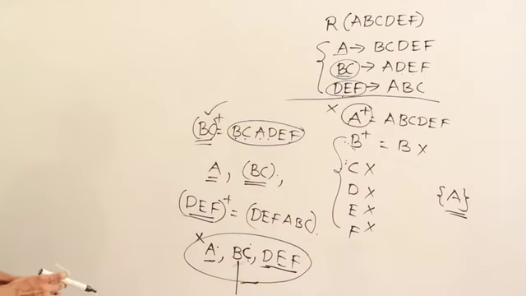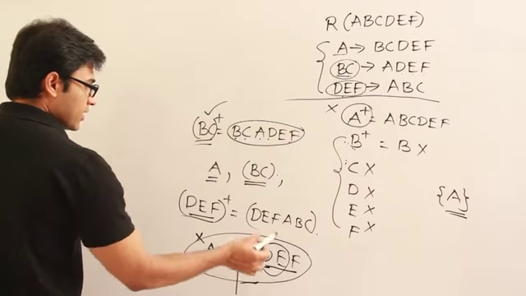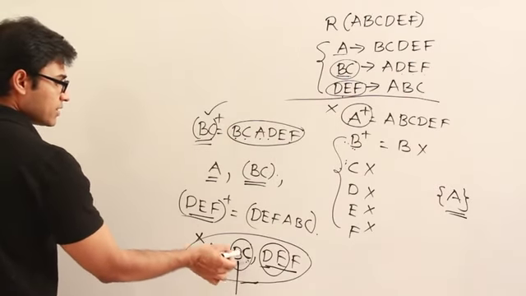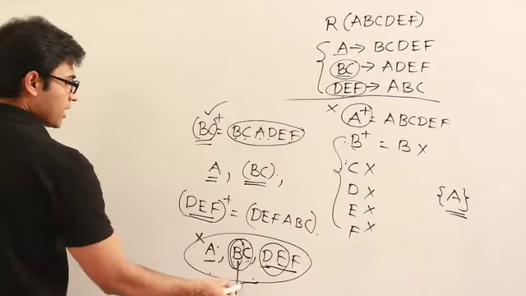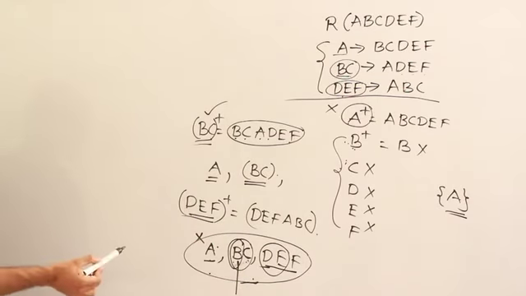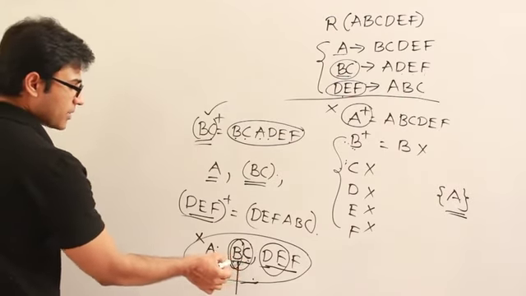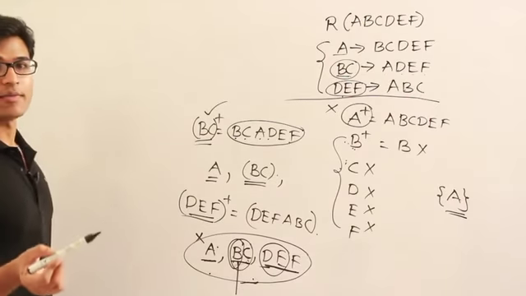Just check this. If you want the 4 elements, maybe if I take only these two, DE, then I have to definitely take BC. If I don't take complete BC, if I take only B, then I should definitely take A. So you cannot form any 4 element set from these attributes without completely including either this or this or this. Therefore you cannot form a 4 element candidate key.